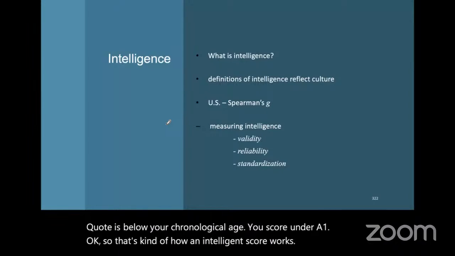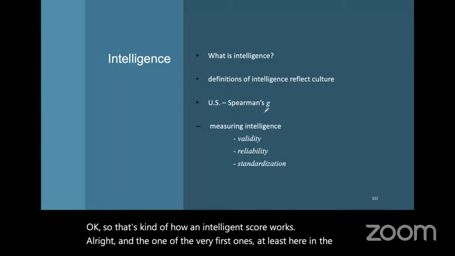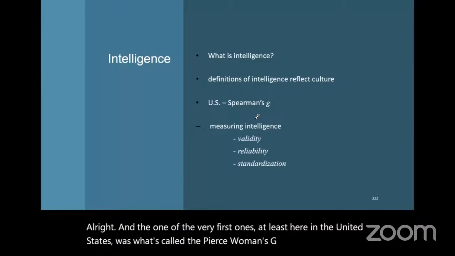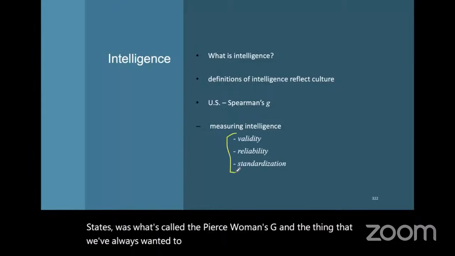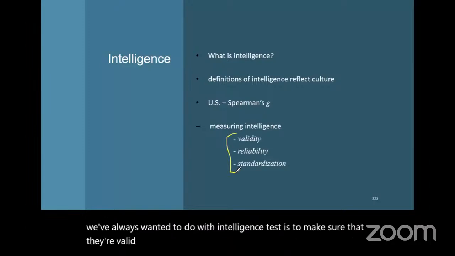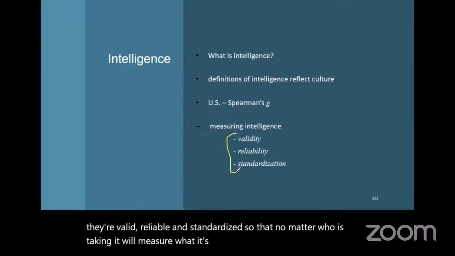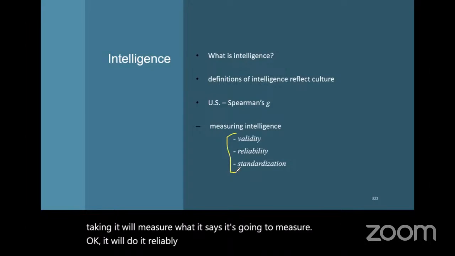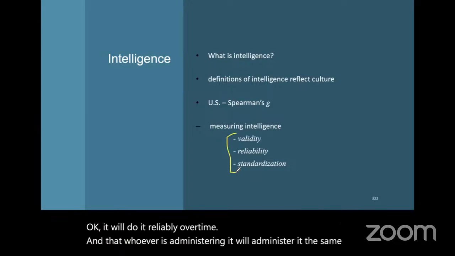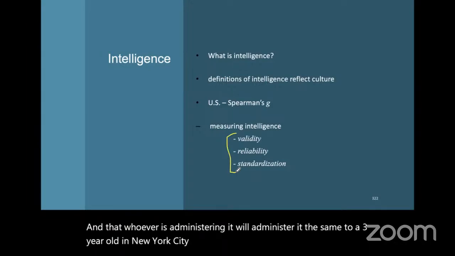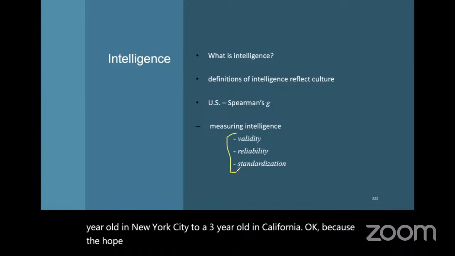One of the very first ones, at least here in the United States, was what's called the Pearson's G. What we've always wanted with intelligence tests is to make sure they're valid, reliable, and standardized, so that no matter who is taking it, it will measure what it says it's going to measure, do it reliably over time, and be administered the same to a 3-year-old in New York City as to a 3-year-old in California, because the hope is to take out bias in the measure.